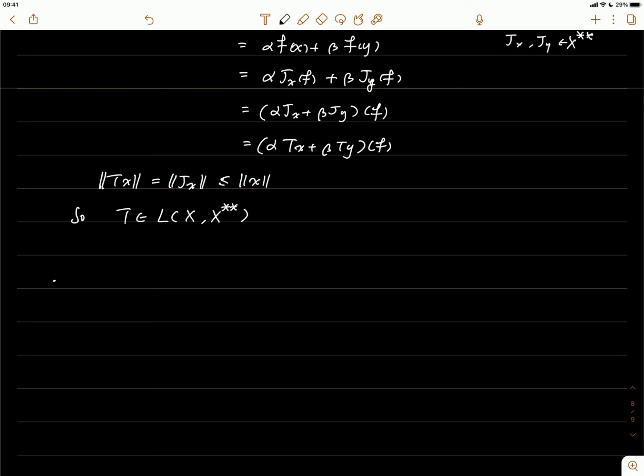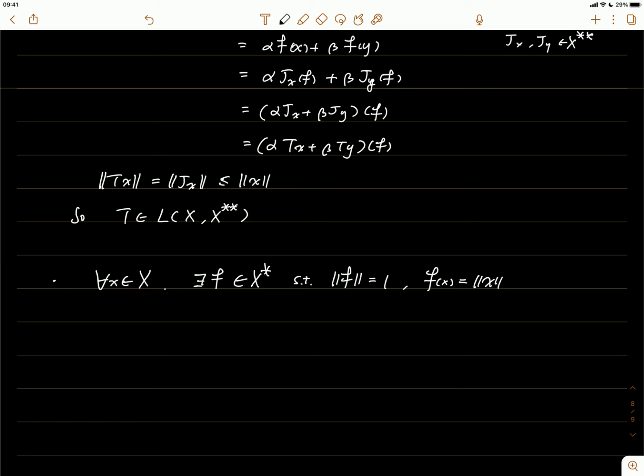To show this, for any x in the space x, we know there exists some f in the dual space such that the norm of f is equal to 1, and also f of x is equal to the norm of x.